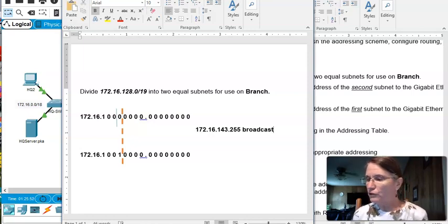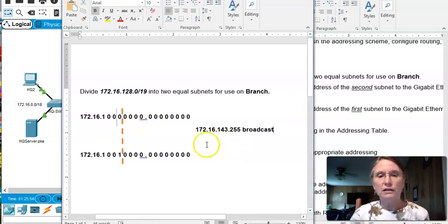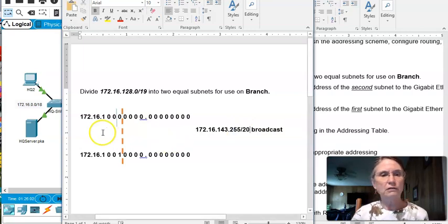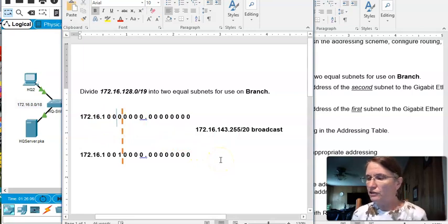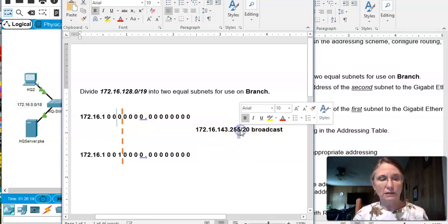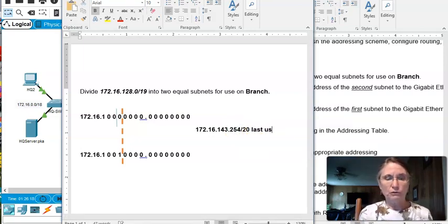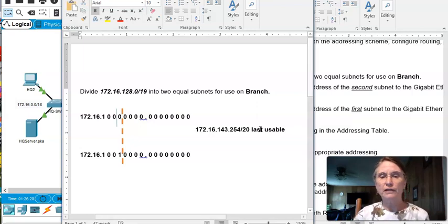And then, of course, the mask is going to be a /20, right, because we borrowed an additional bit, and thus the last usable address is going to be 254.